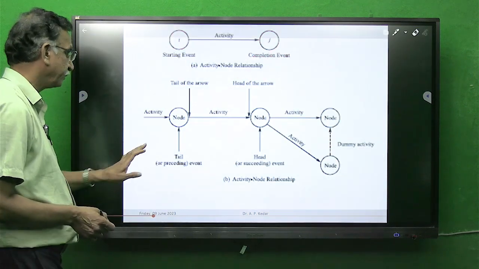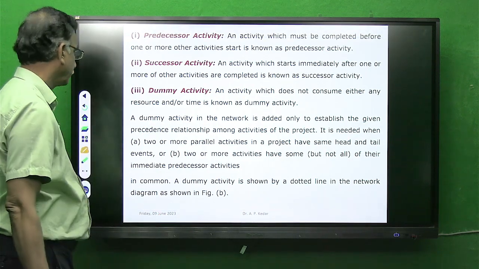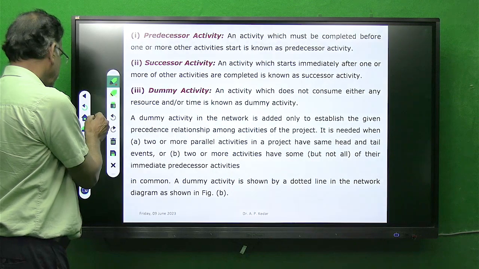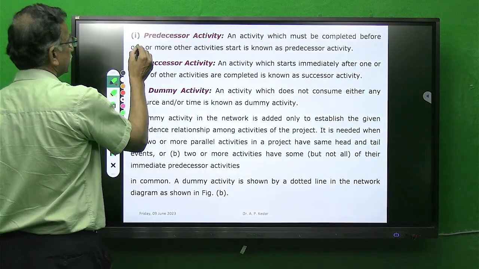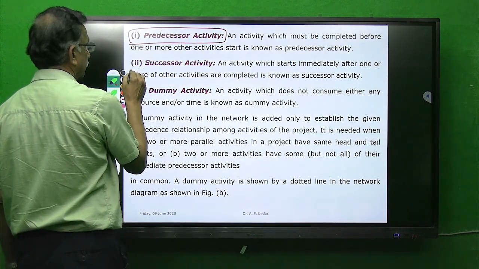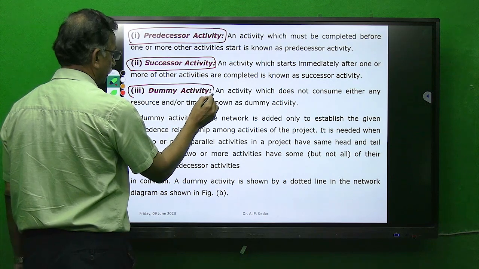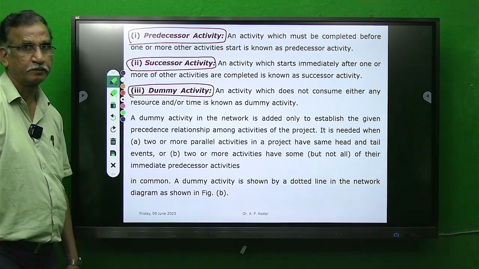Moving ahead, very important. Under the category of activities, the first is predecessor activity, second is successor activity, and third, which we have just discussed, is dummy activity.